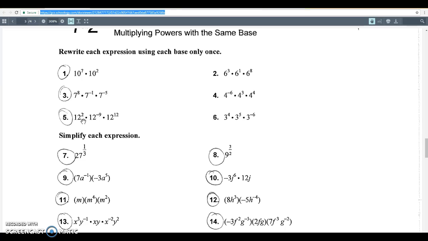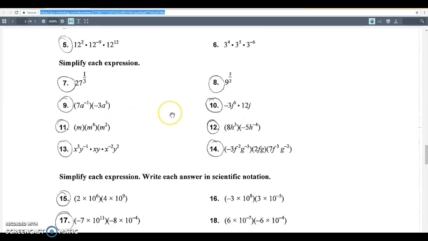You've got 12 squared minus 9. It's going to be a negative 7. Remember, you're adding your negative and positive numbers. It's the same thing as subtracting and taking the sign of the bigger number. So 9 minus 2 is 7, but it's going to be a negative 7 because the negative 9 is bigger. Negative 7 plus 12: 12 minus 7 is 5. Since the 12 is bigger, it's going to be a positive 5. Okay? And again, you just use a calculator, 2 minus 9 plus 12, and get the answer.